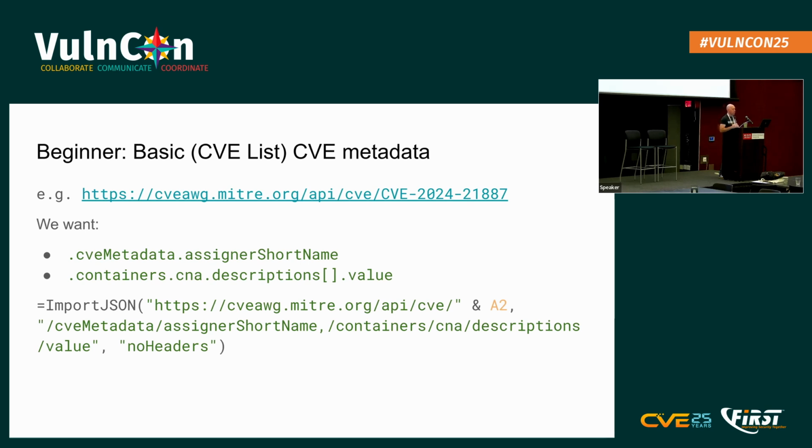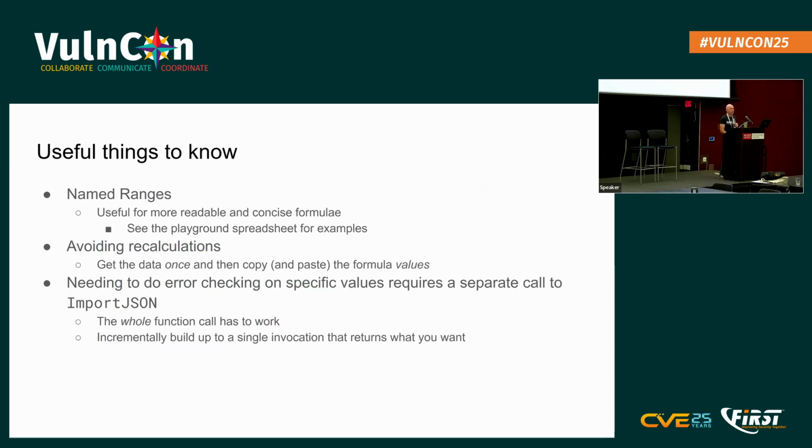Sometimes, as with some of the more advanced examples in this demo spreadsheet, you end up having 2 or 3 import JSON calls per input CVE record, because you want to get your description and then the product and vendor information and do a transform on that. Because you can't do all of that in one action, you end up with multiple import JSON calls, which unfortunately means you might be looking at 2 or 3 or more separate API calls per input CVE, but it really depends on what you want to get out of it, right?